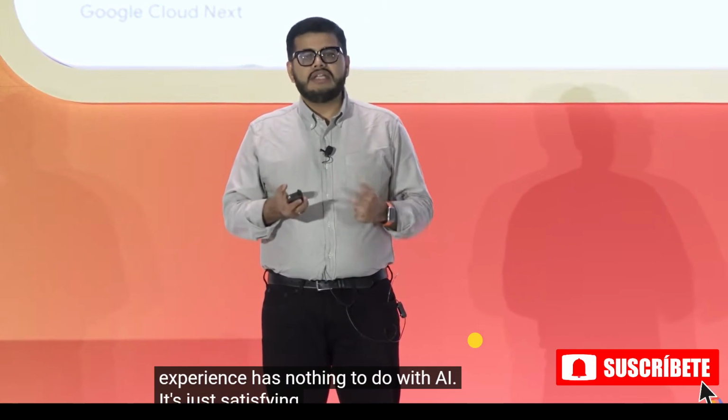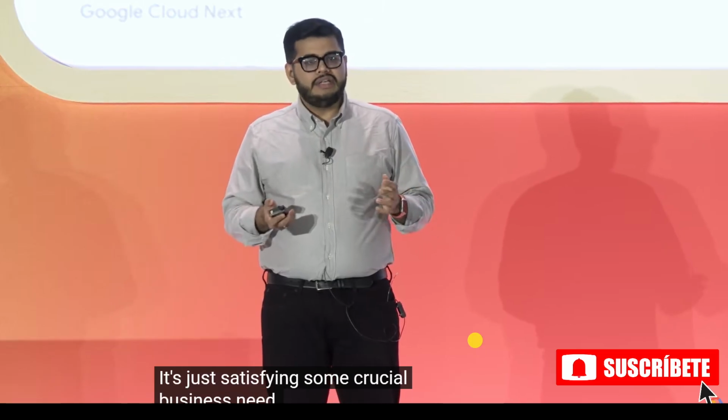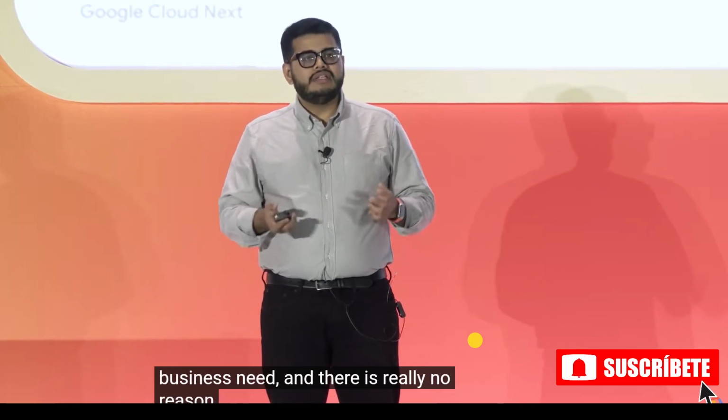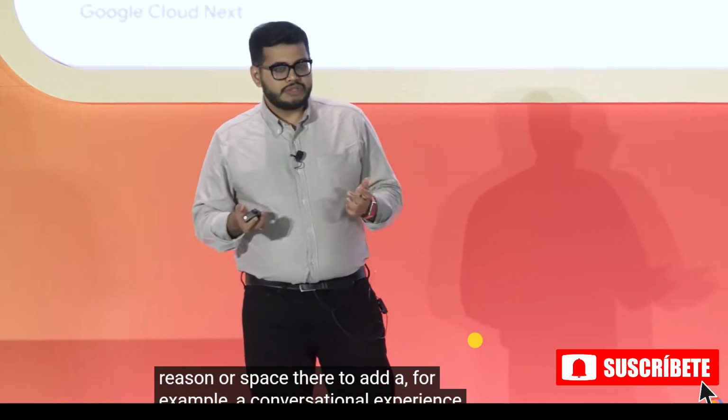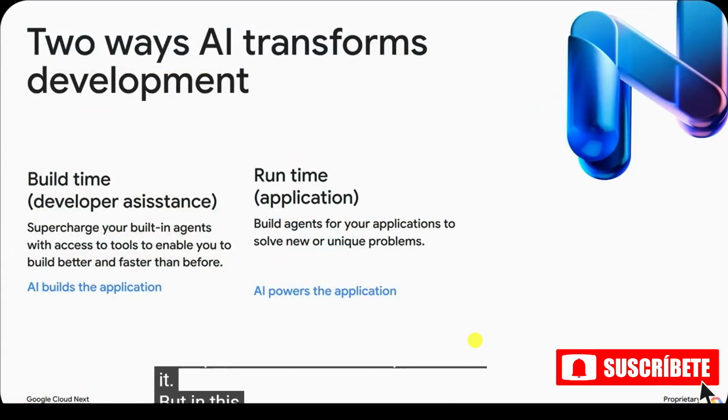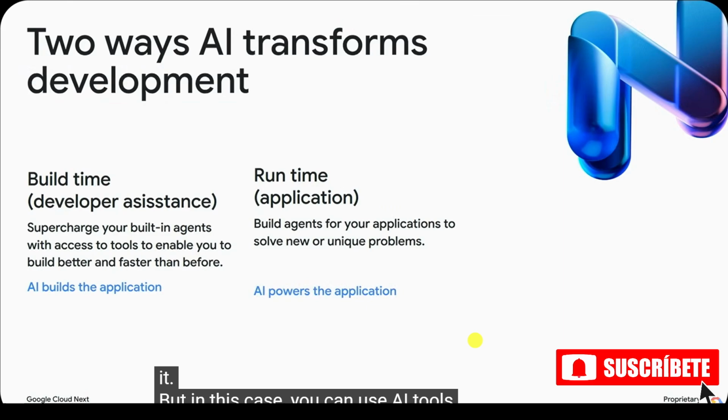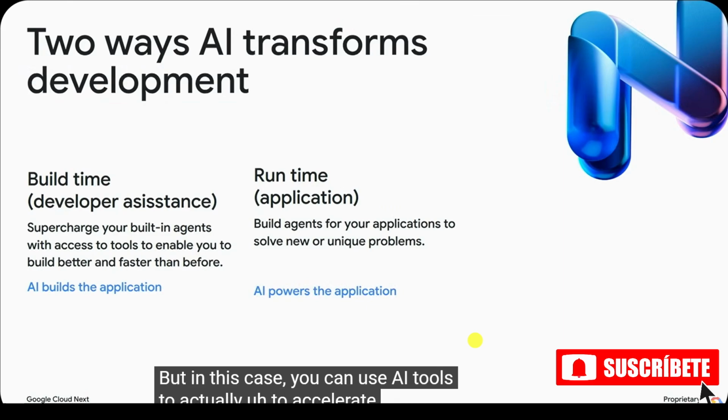It's just satisfying some crucial business need, and there is really no reason or space to add, for example, a conversational experience to it. But in this case, you can use AI tools to accelerate the process of building that app or extending the app's capabilities itself. This is what we refer to as a scenario where AI helps you build the app.